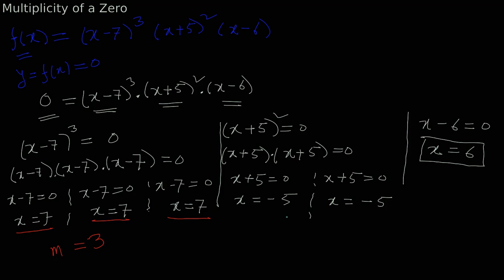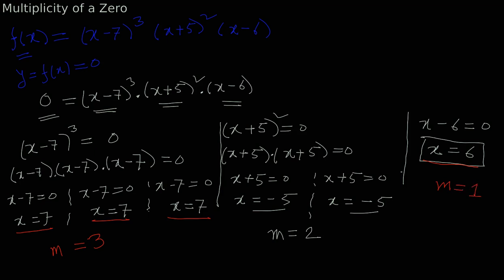Now how many times did I get x equals negative 5? 1 and 2. So I can say m equals 2 for negative 5. And lastly, how many times did I get x equals 6? Only one time.